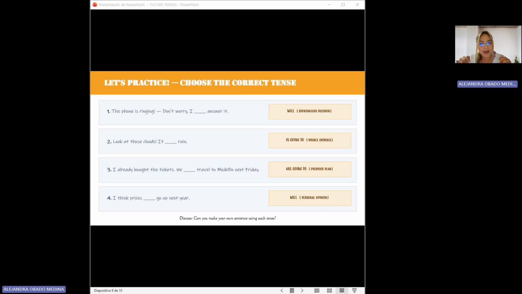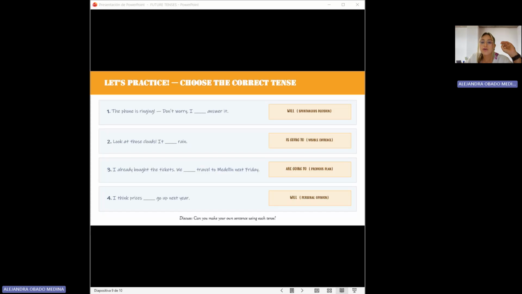It's happening right now. Number 2. Look at those clouds. It is going to rain. Why? Because it's visible evidence. You can see the clouds. The evidence is right there, okay?